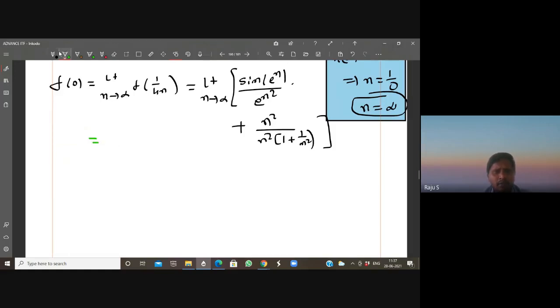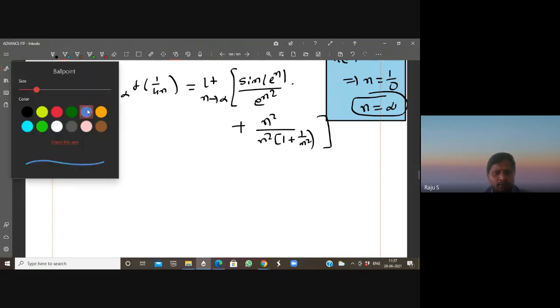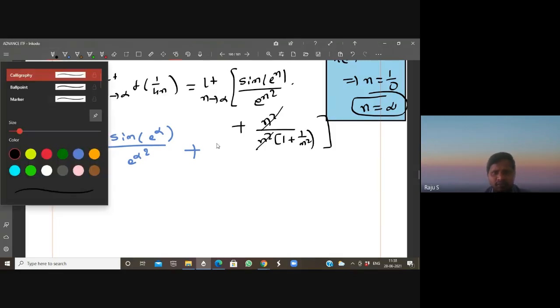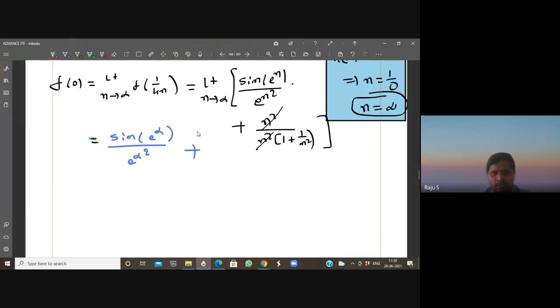This is equal to sin e to the power of infinity by e to the power of infinity square. Plus here n square gets cancelled. Am I right? In the remaining value, substitute: 1 by 1 plus 1 by infinity square.